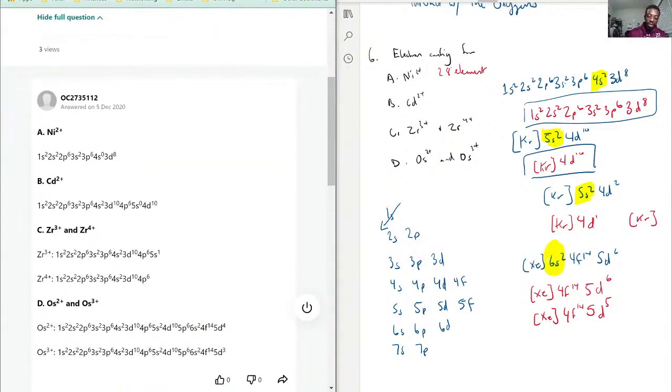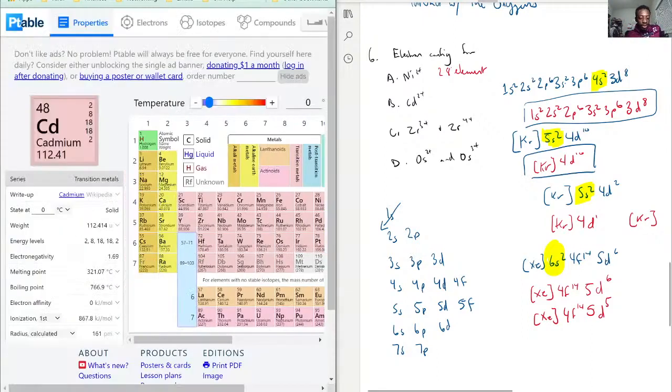Then Zr3+ and Zr4+, that's where we have this. I believe this one's a little bit more complicated because what I did here, I kept the d orbital and decreased the s orbital. At least for the 4+, both of ours are the same, but that's only because they got rid of both the d orbital, which is the 2 there, and the 5s orbital, which is the other 2, hence how we could just get this as the next answer.